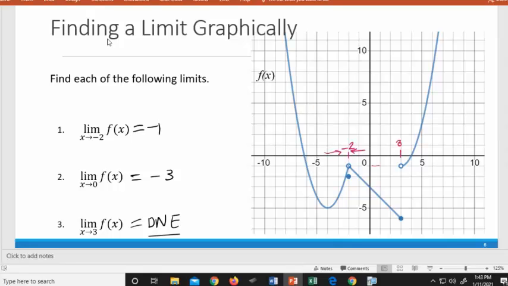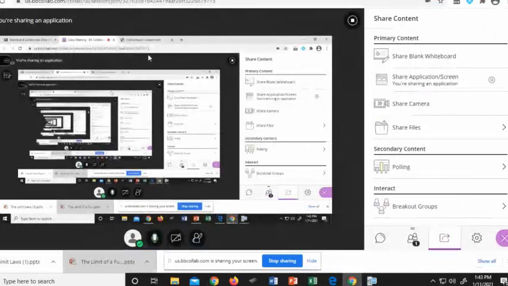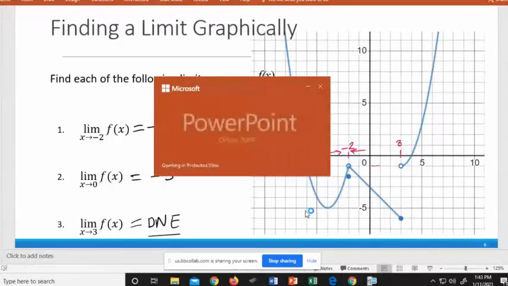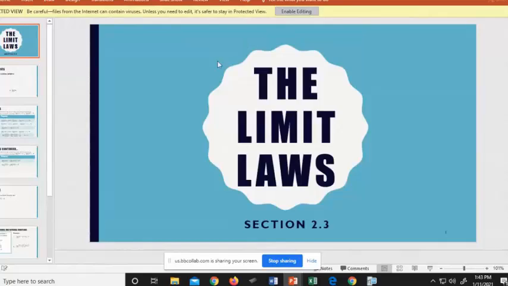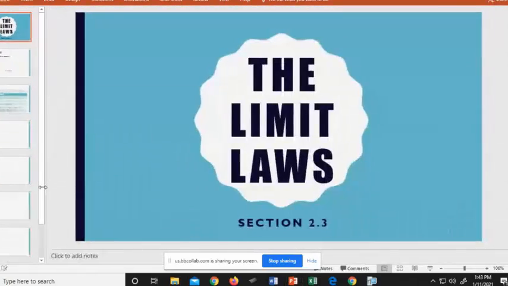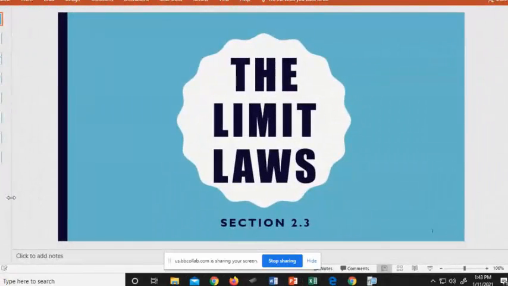Okay. Well, we have one other section to take a look at today. So section 2.3 in this section is on the limit laws.